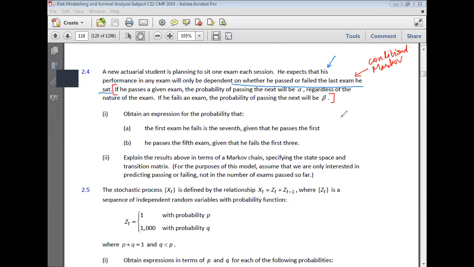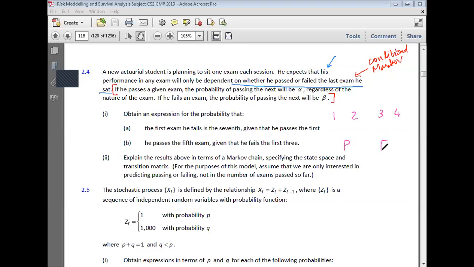And why do you think it will be 1, 2, 3, 4, Sahil? Because he's saying the probability of passing the next will be beta if he fails this exam. I'm not sure about this. I think it would be exam pass and exam fail. Okay. So Sahil says 1, 2, 3, 4, and Sahil, you are yet to say what these 1, 2, 3, 4 are.